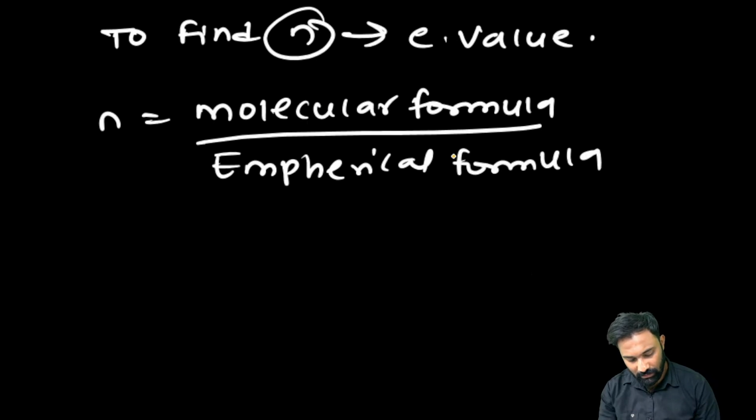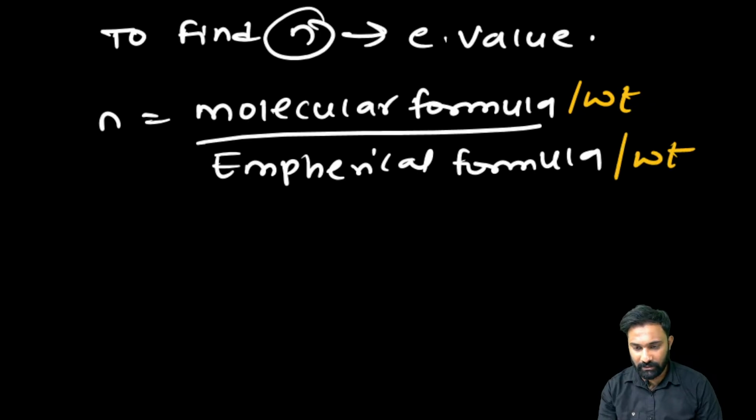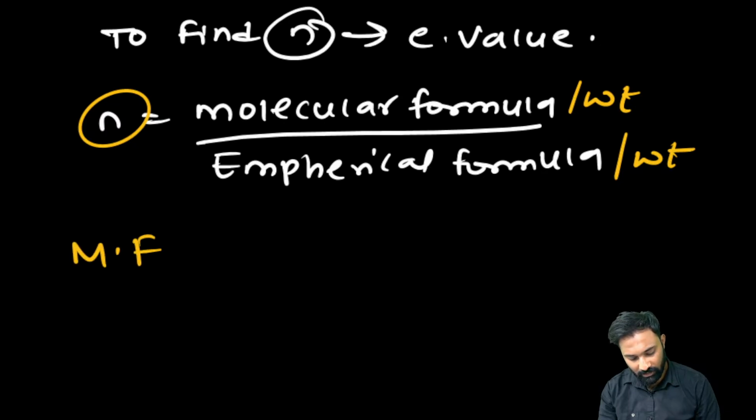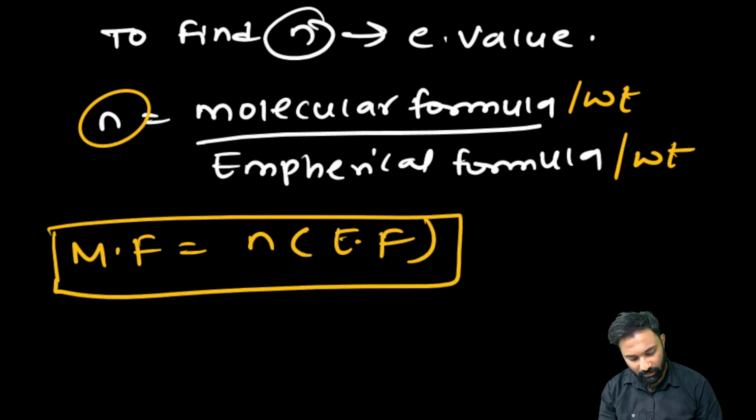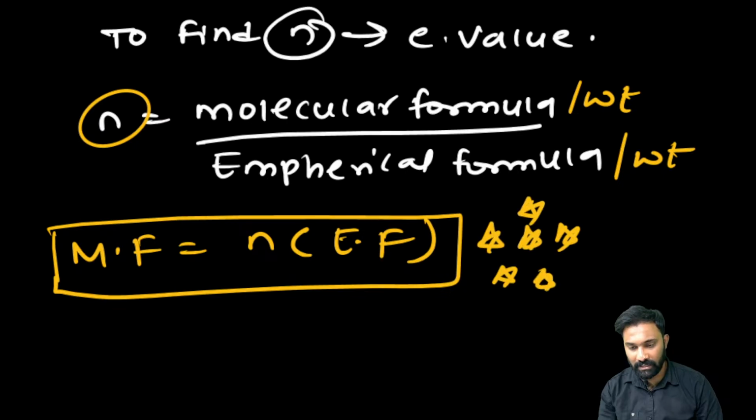After getting the empirical formula, if you divide the molecular weight by the empirical formula weight, you will get the N value. Suppose you get the empirical formula and the N value, then the molecular formula will be equal to N into empirical formula. In this manner also you can find the molecular formula. Now based on this we'll do one question, so that whatever concept you have will be clear for you.